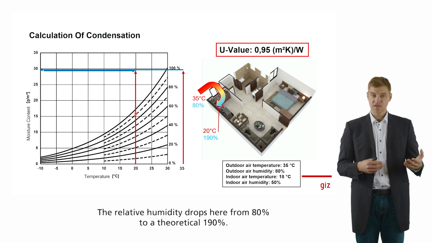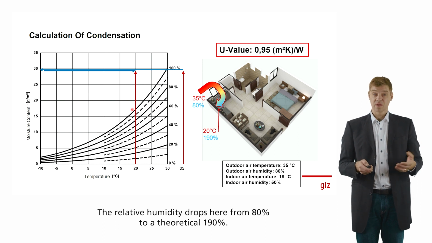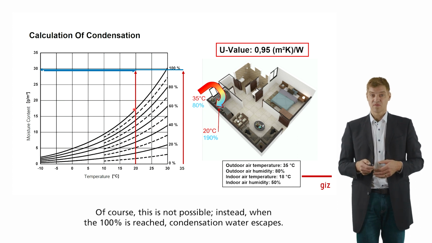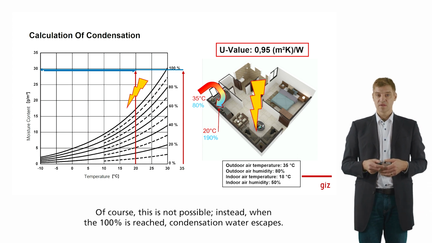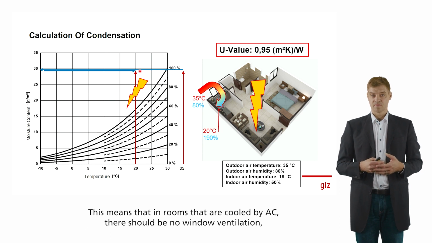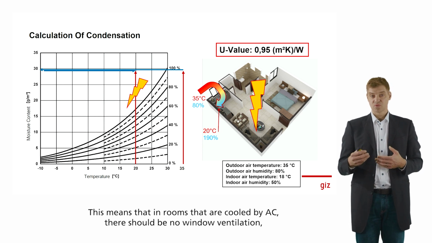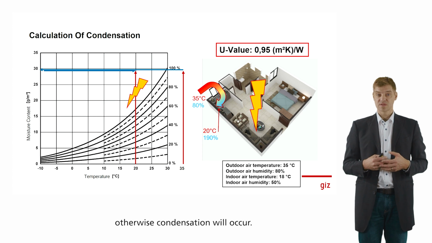The relative humidity rises here from 80% to a theoretical 190%. Of course, this is not possible. Instead, when 100% is reached, condensation water escapes. This means that in rooms that are cooled with AC, there should be no window ventilation, otherwise condensation will occur.